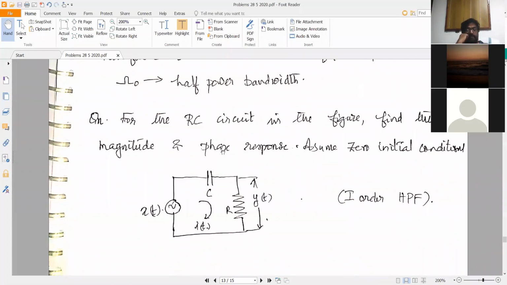Now, the positions of the capacitor and the resistance have been interchanged. So, this is the RC circuit. Assume zero initial conditions. Find the magnitude and the phase response of this system.